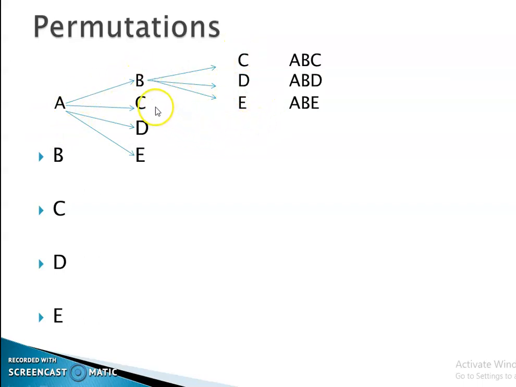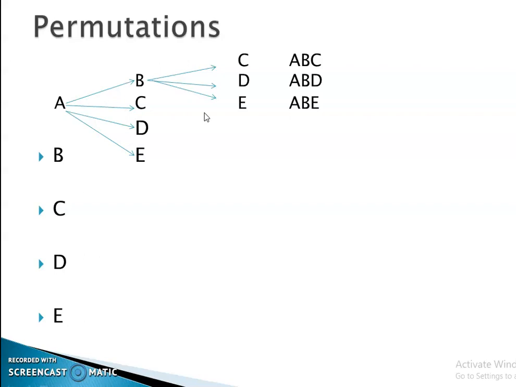You can make with C: if A is selected in the first place, and out of 4 choices, C is selected in the second place, then the 3 choices for the third place are B, D, E.